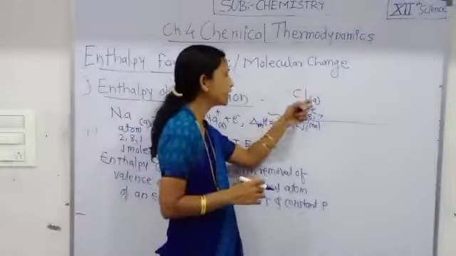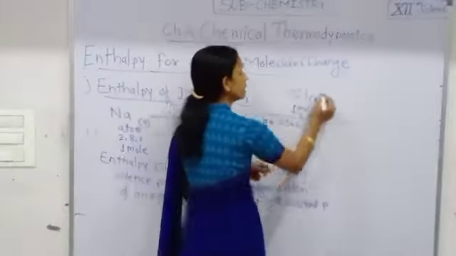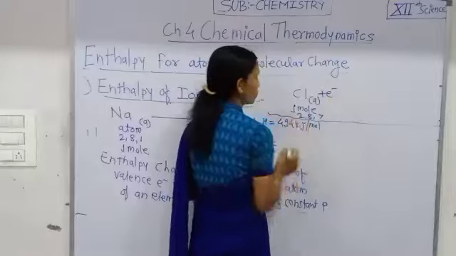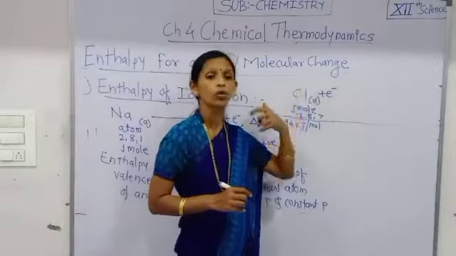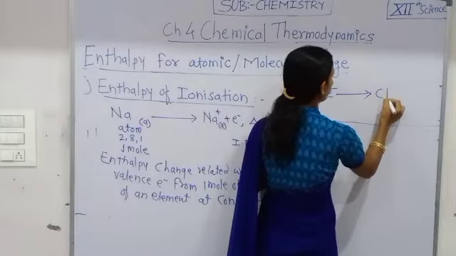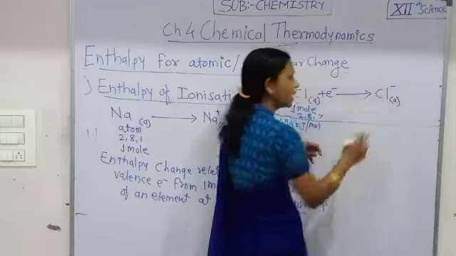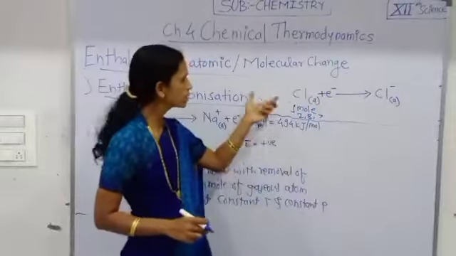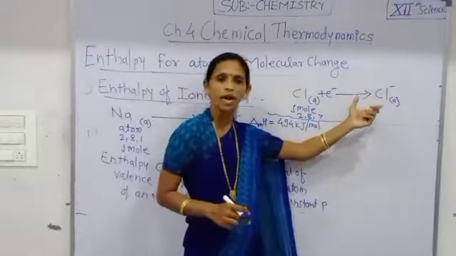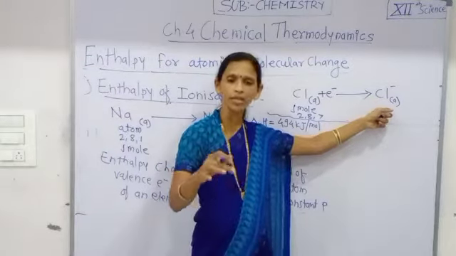Therefore the Cl atom, which is a non-metal, has a tendency to gain an electron, and it gains an electron to form Cl minus anion, the chloride ion in gaseous state.